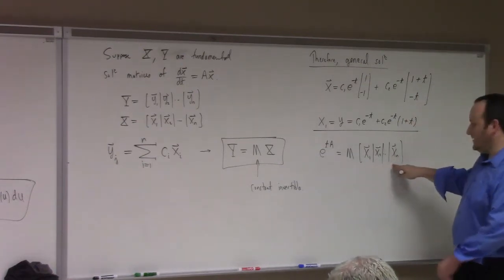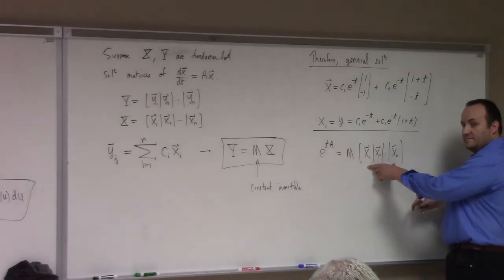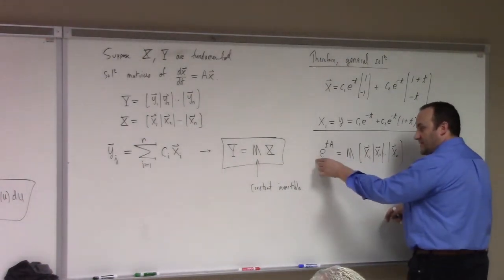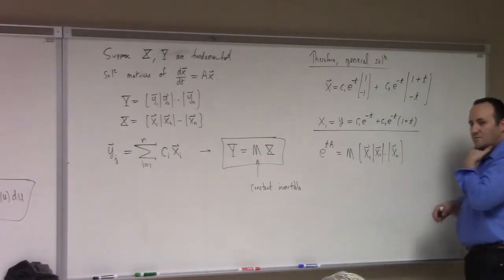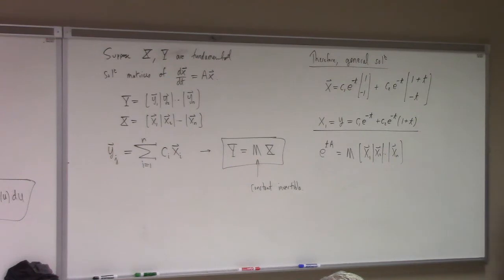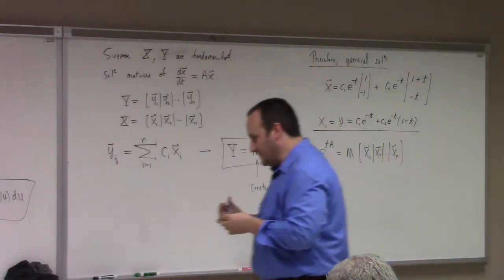If you can find these, then they're related to the matrix exponential by multiplication by some matrix. So what does that mean? Plug in t equals 0, what happens? I'll leave some mystery here. This is useful for calculating e to the tA.